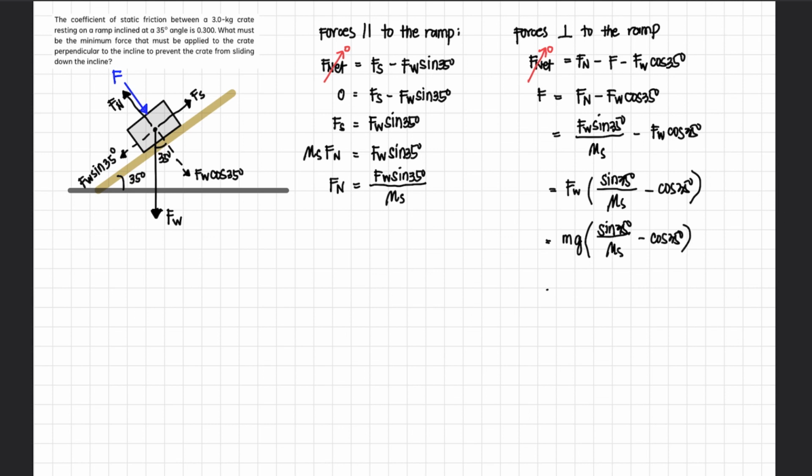So our applied force is equal to the mass, which is 3 kilograms, times the acceleration due to gravity, 9.81 meters per second squared, times sine of 35 degrees divided by the coefficient of static friction, which is given in the problem, that's 0.3, minus cosine of 35 degrees.